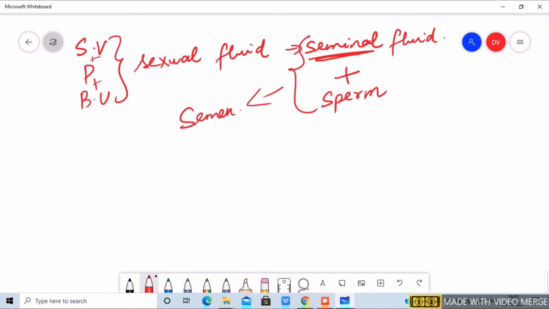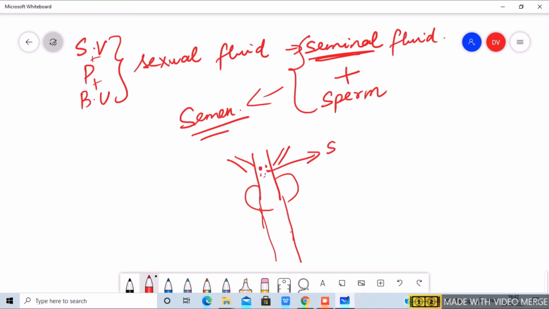Alright guys, I told you that the ejaculatory duct is entering the membranous urethra, and further it has the prostatic urethra, the penile urethra, and so on. Now the ejaculatory duct, which is giving out, is just rich with sperm and seminal vesicle fluid, not seminal fluid, right?